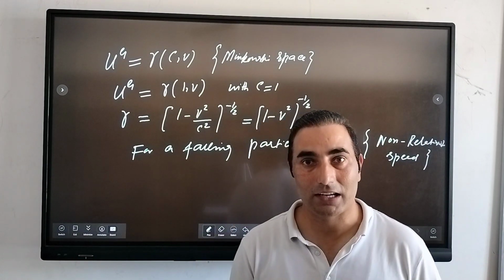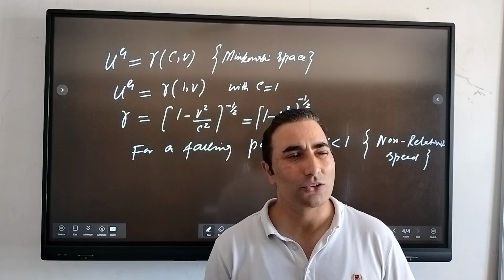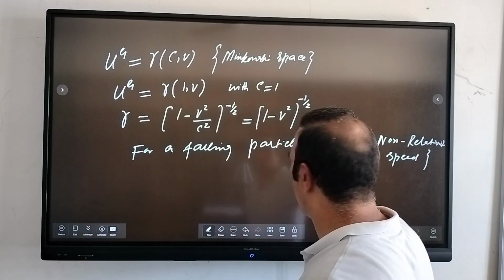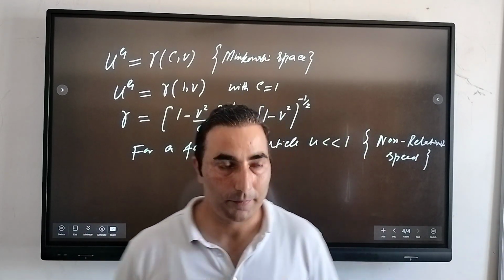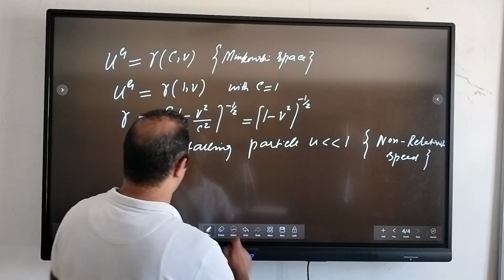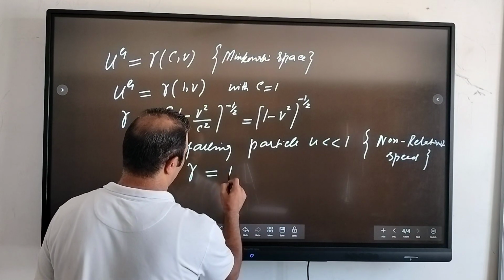So here we are assuming that in non-relativistic speed the velocity will be less than 1, right? And what about that Lorentz factor in that case? This gamma will be equal to 1, right?